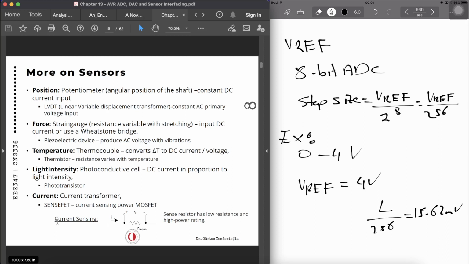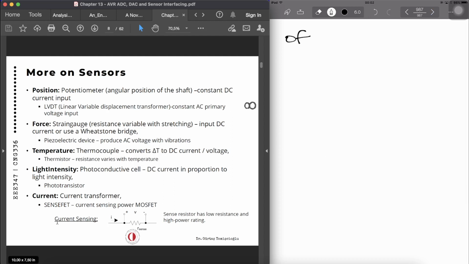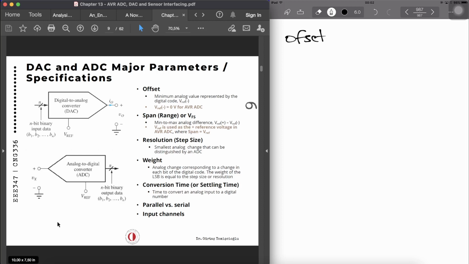Now, VREF is important, and we'll use VREF a lot in order to calculate the resolution, the step size, and so on. Another important thing is the offset. When we think about the offset, it's the minimum analog value represented by the digital code.